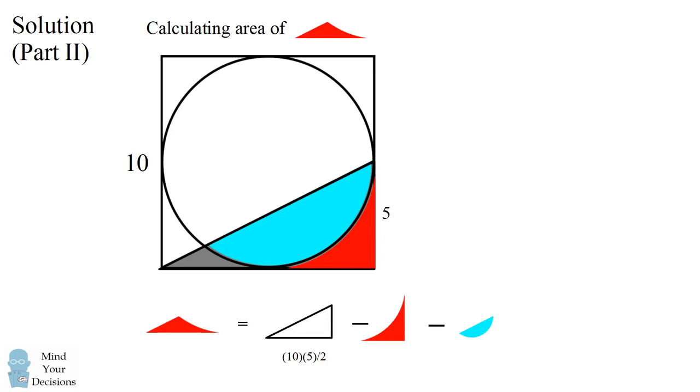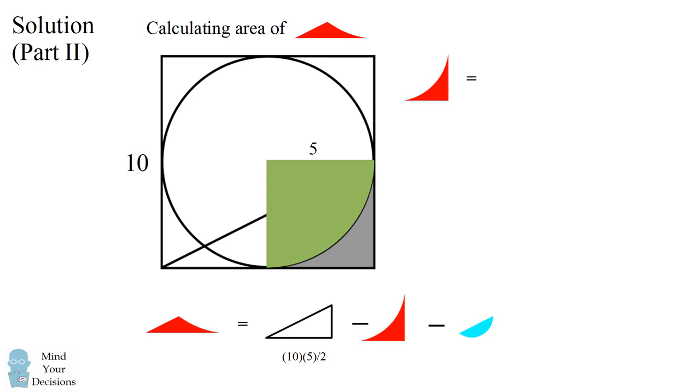What about the piece in the lower right-hand corner? We can solve this by subtraction. We'll consider 1/4 of the square. This square has a side length of 5. We then subtract out 1/4 of the circle.